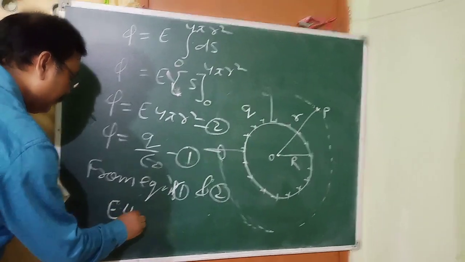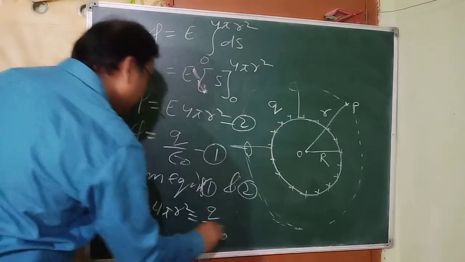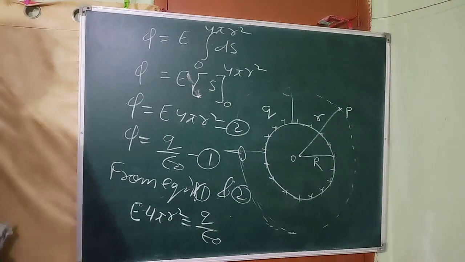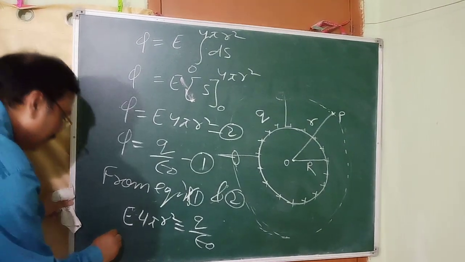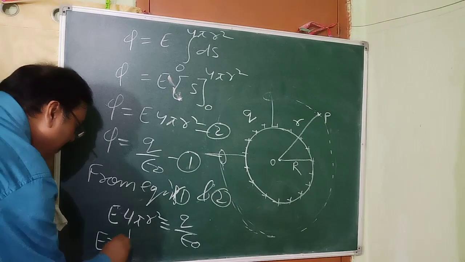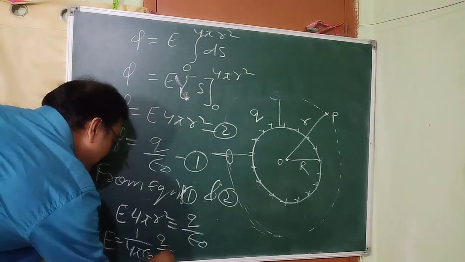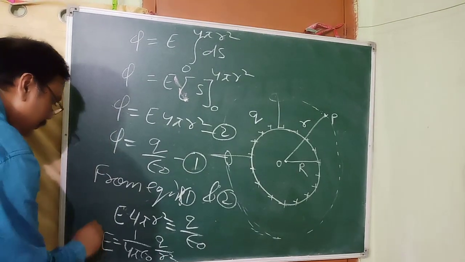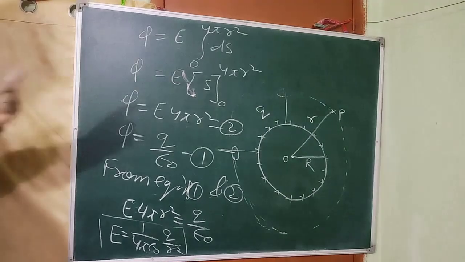E multiplied by 4 pi r square is equal to Q by epsilon naught. Now we can take this 4 pi r square to that side. So we will get E is equal to 1 by 4 pi epsilon naught, Q by r square. So this is the electric field intensity at point P, which is outside.